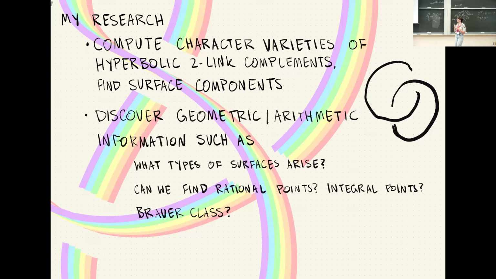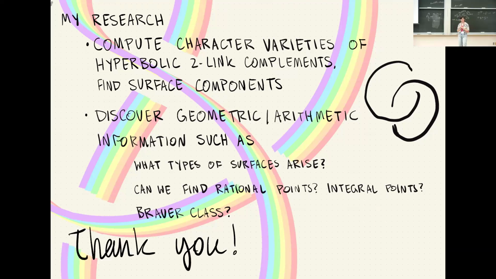And I would love to study the Brauer class of these surfaces. Especially the last 2 questions are known to carry topological information in other examples, so it would be really nice to find new examples that I can study those for. Thank you.